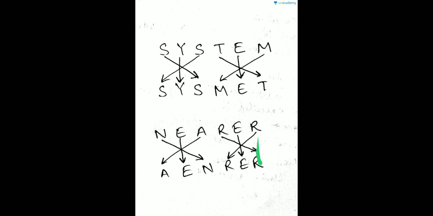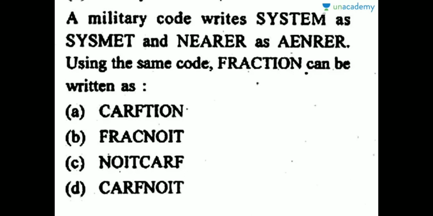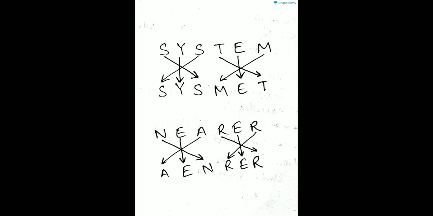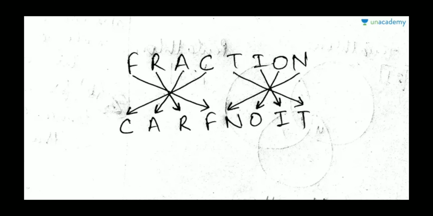See, the reason behind giving these two words and their coding was to tell you this thing only, that they are actually changing the position of all the letters, whether they are the first three letters or the last three letters. Okay, now here we have to find it out for fraction.